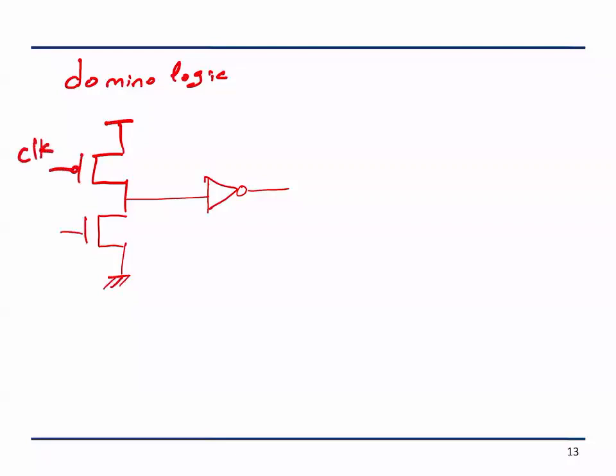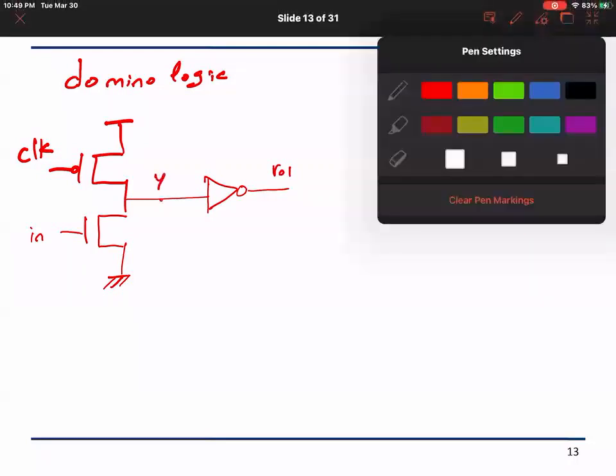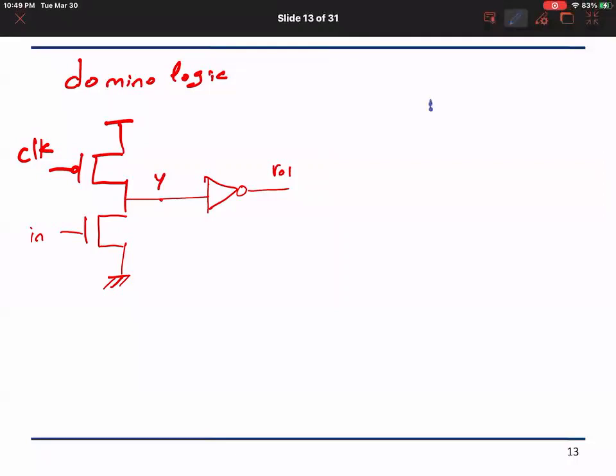So this is a clock, this is in, and this is VO1, and this is node Y. And then if I want to interface this with another domino logic gate, this will be clocked, and there will be an inverter at the output Y2, and this is VO2.